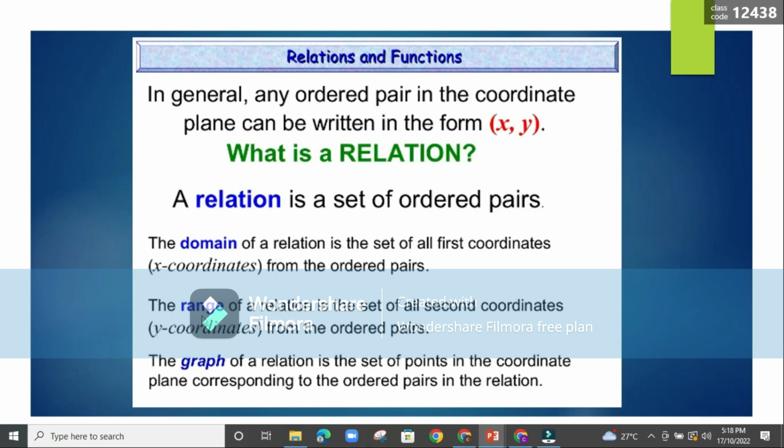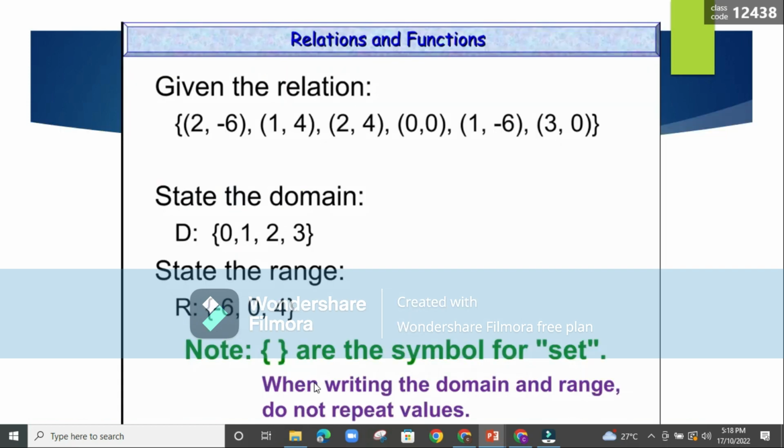The range of a relation is the set of all second coordinates, or we call them y coordinates, from the ordered pairs. The graph of a relation is the set of points in the coordinate plane corresponding to the ordered pairs in the relation.